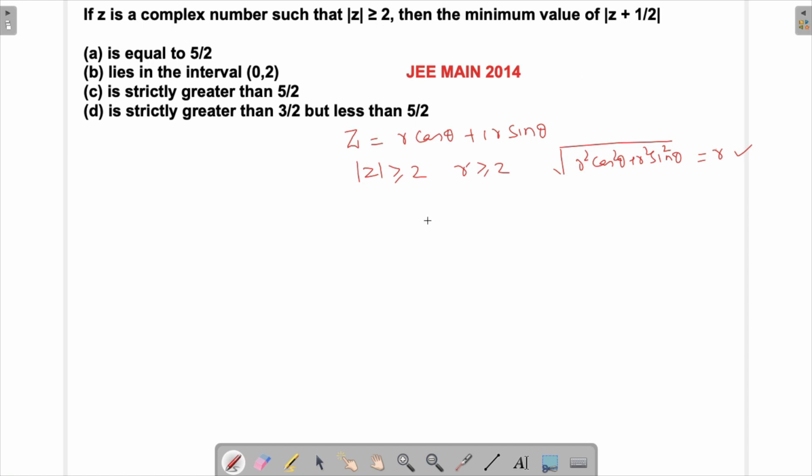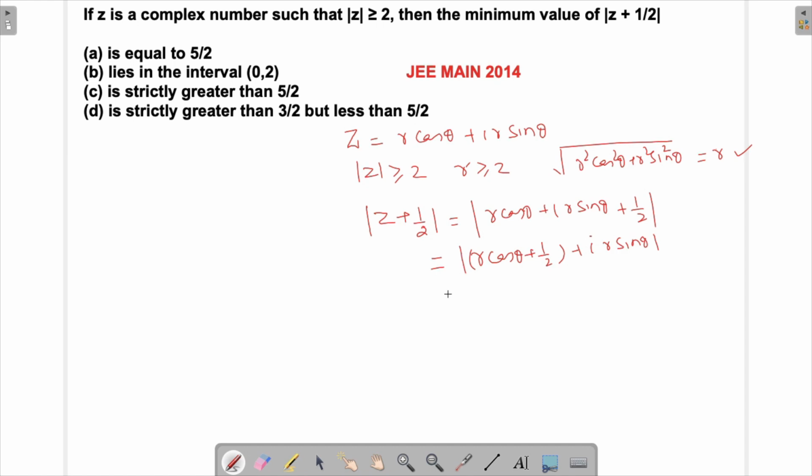Now, what will this be? This modulus of z plus half would become r cos theta plus i times r sin theta, and then plus half. Or I could say that this is r cos theta plus half, and then plus i times r sin theta, right?